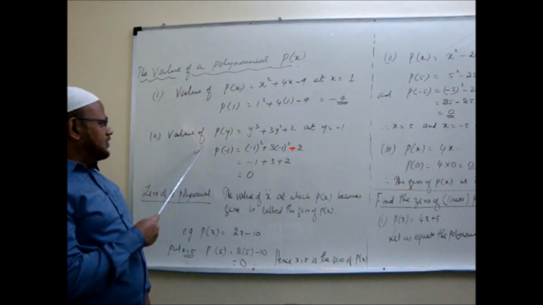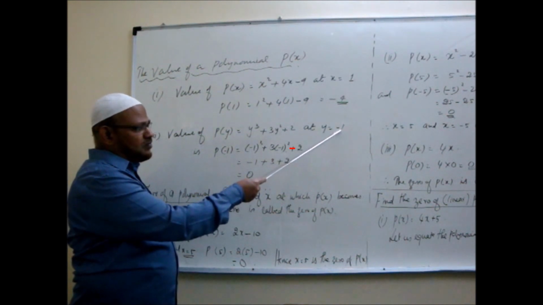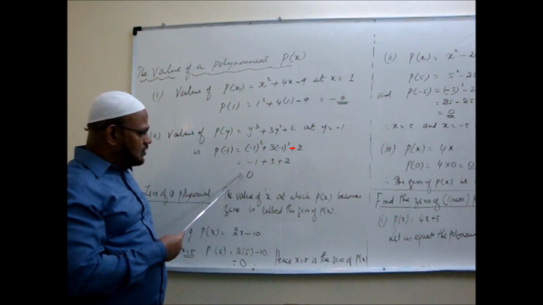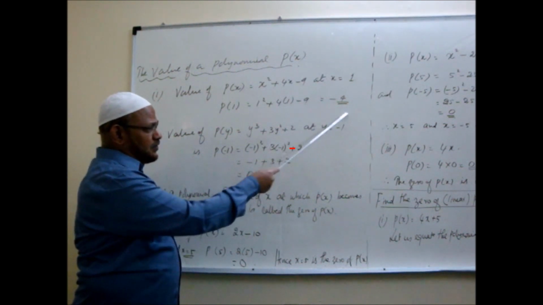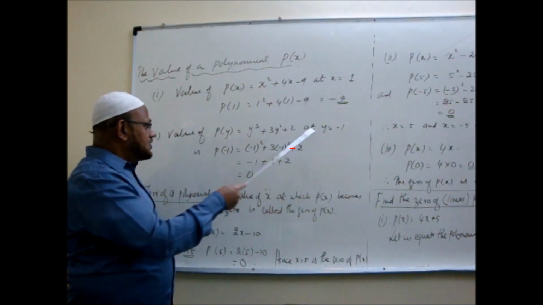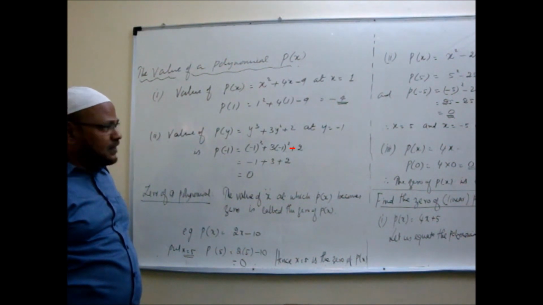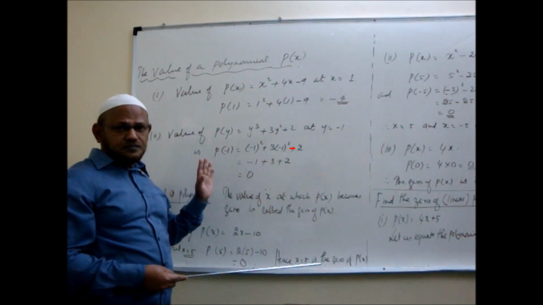For example, in this example, I substituted y equal to minus 1. What happens to the value of the polynomial? It is 0. So this particular value of the variable, y equal to minus 1, is called the 0 of the given polynomial. Is that clear now? If I put y equal to plus 1, it will not become 0.